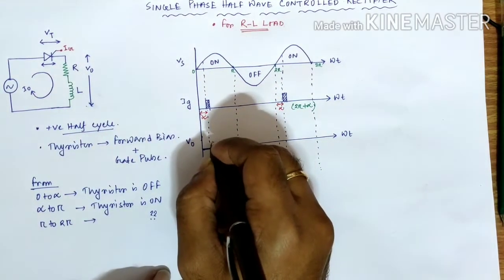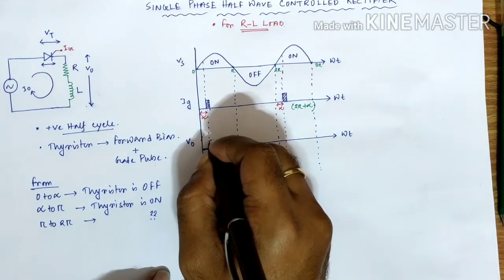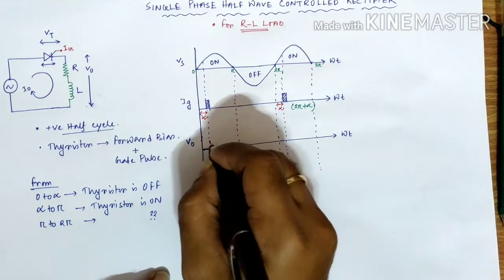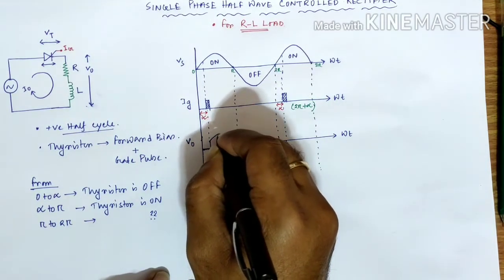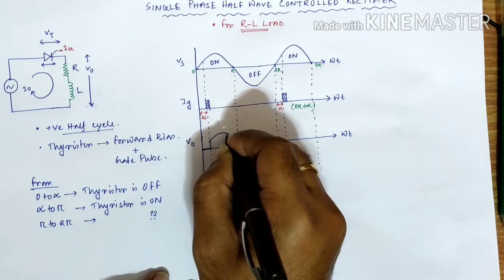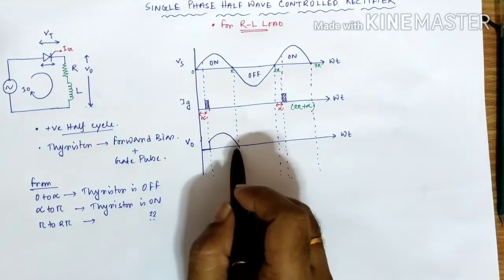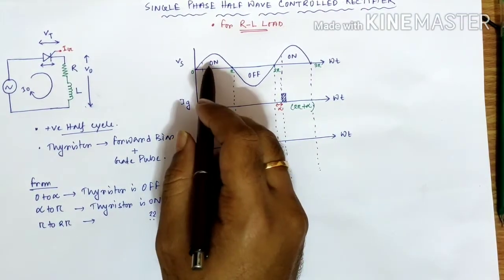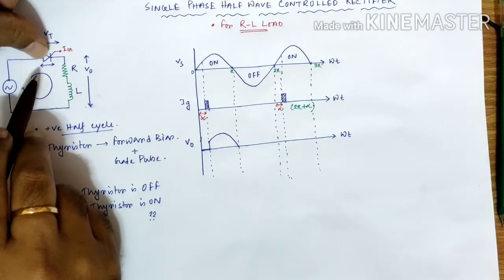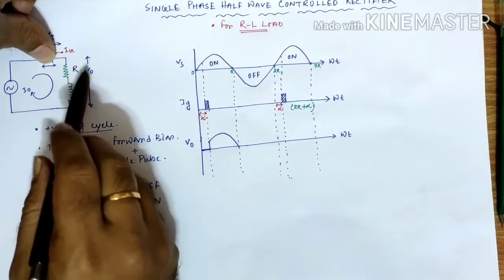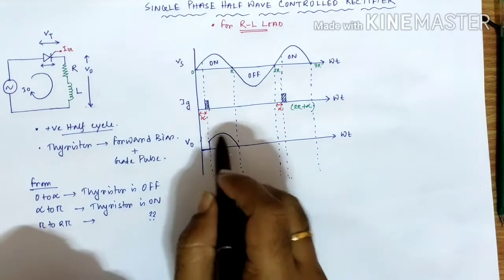Whatever output voltage we get when the thyristor is on is due to Vs, and it will try to follow the waveform of Vs. So from here Vs starts building and it will follow Vs. Why is the waveform like this? Because it basically follows Vs. This one is on, that means it's a short circuit. So whatever value we have applied here will be reflected here as V0.